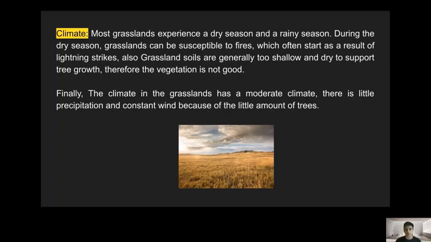Therefore, the vegetation is not good. And grasslands have a moderate climate. There's little precipitation and constant wind because of the small amount of trees. Here, I put a small image of grassland to show the climate.